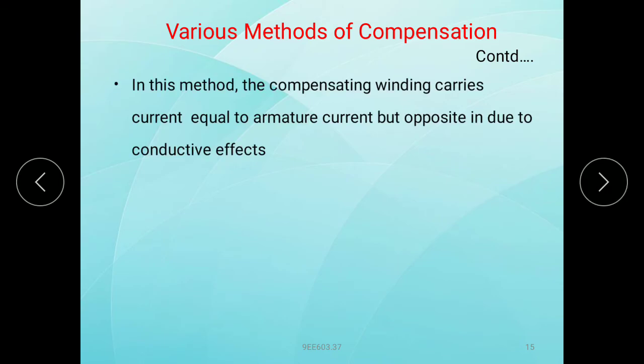In this method, the compensating winding carries current equal to the armature current but opposite in direction.